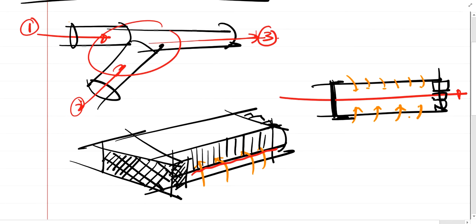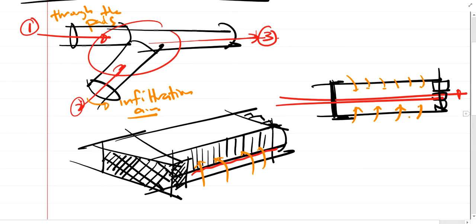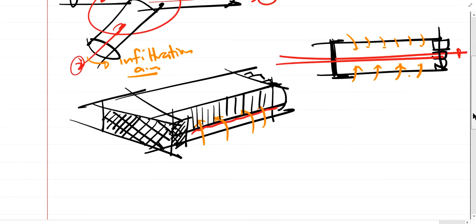One would be the intended path through the pads, and the other airstream is through the infiltration. So we can write here, maybe this one is through the pads, and here would be through the infiltration air. That's also one modeling for the mixing.